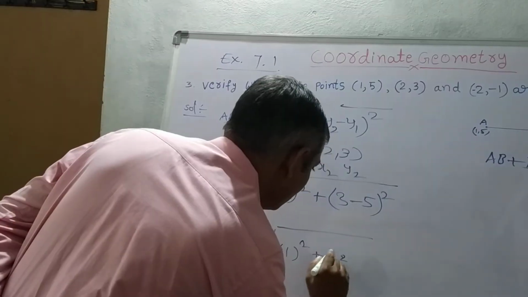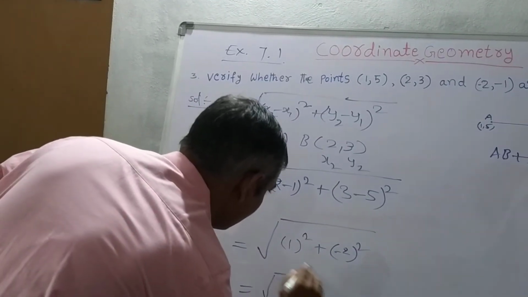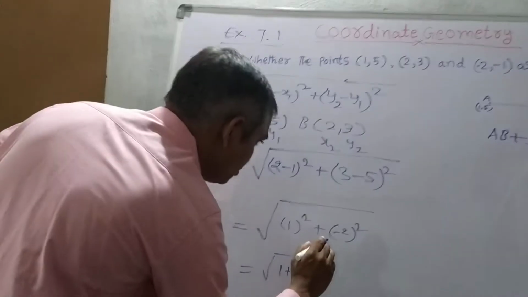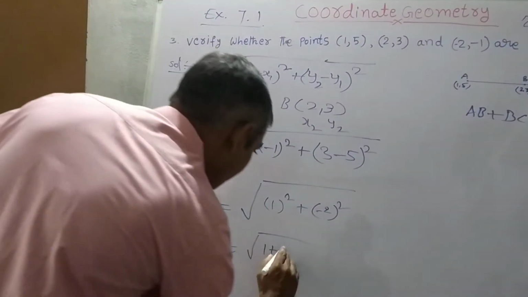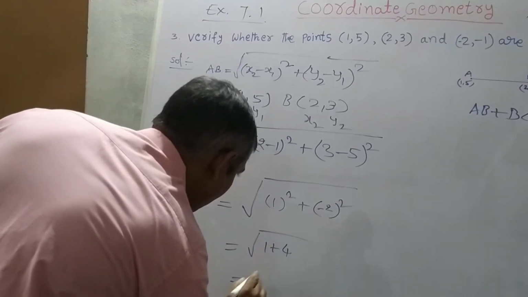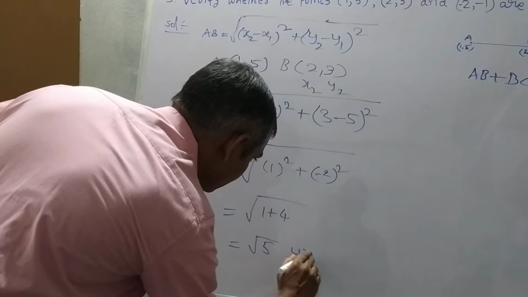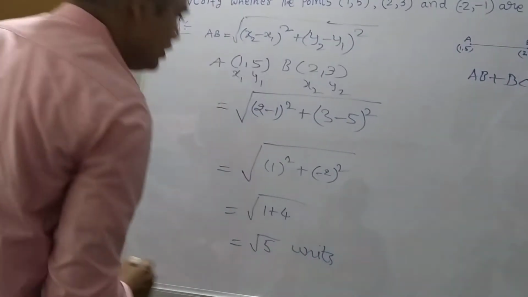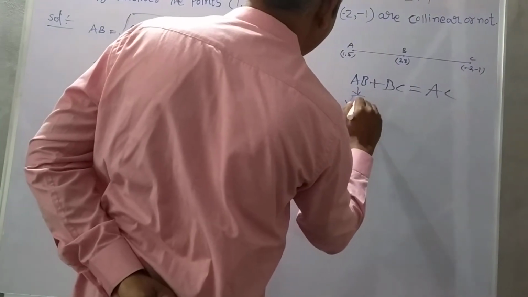Minus 2 whole square. 1 whole square is 1, plus minus 2 whole square means minus 2 into minus 2 is plus 4. 1 plus 4 is equal to under root 5 units. The distance AB we found is root 5 units.